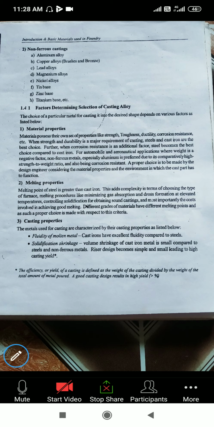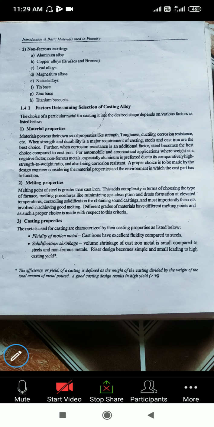If you are using steel or cast iron, the capacity of the furnace to reach the melting point of that particular alloy has to be identified and checked before selecting the alloys. So melting property plays a very important role in the selection of the casting alloy. Now next we'll go with the casting property.